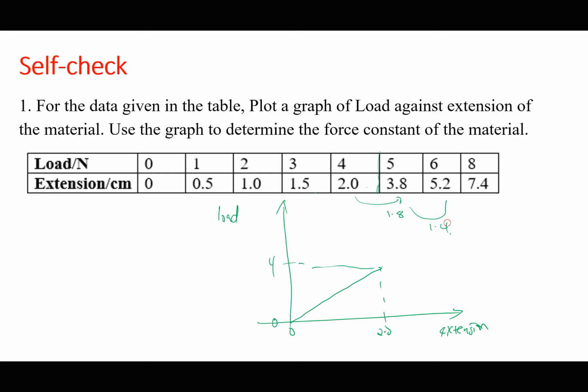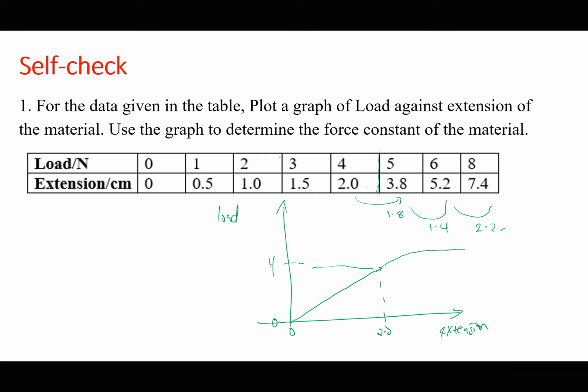This is 1.4. Then 7.4 minus 5.2. This is 2.2. So it's like the extension now increases more rapidly. So that means this graph of load is going to curve downwards like that.